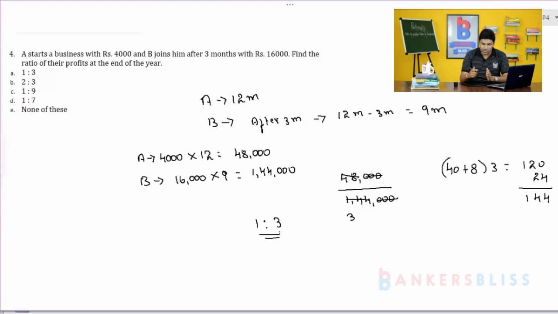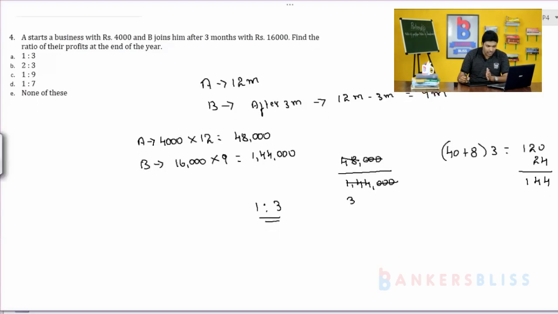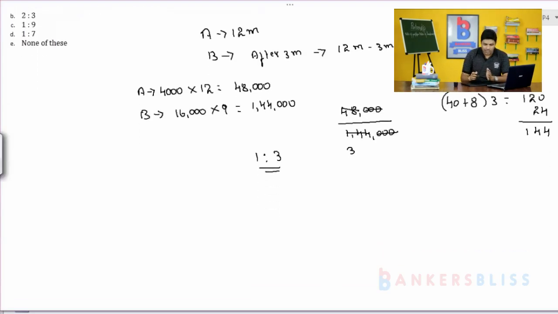One thing you have to observe here: whatever the time period may be, the profits are directly proportional to investments. As the profit increases, the investment should also increase, otherwise you won't get the profit. As investment increases, profits also increase.